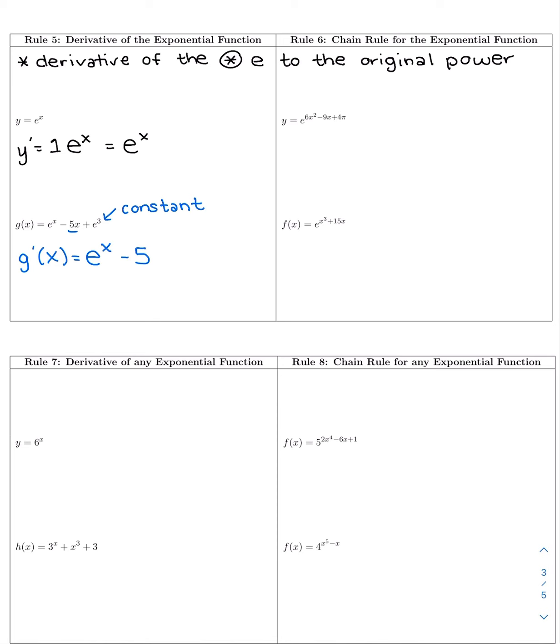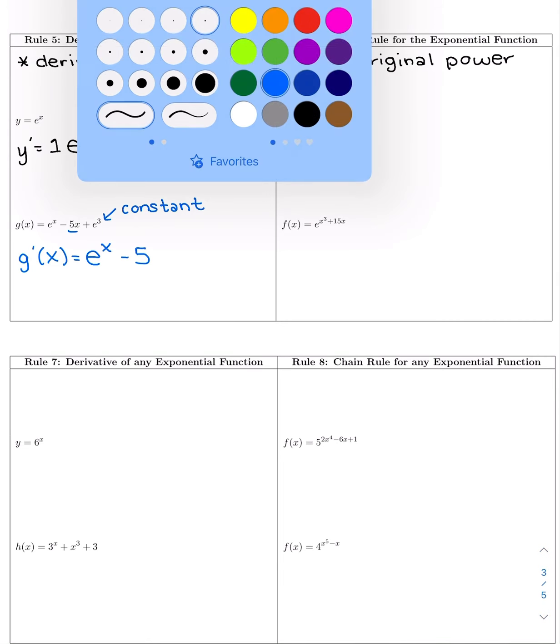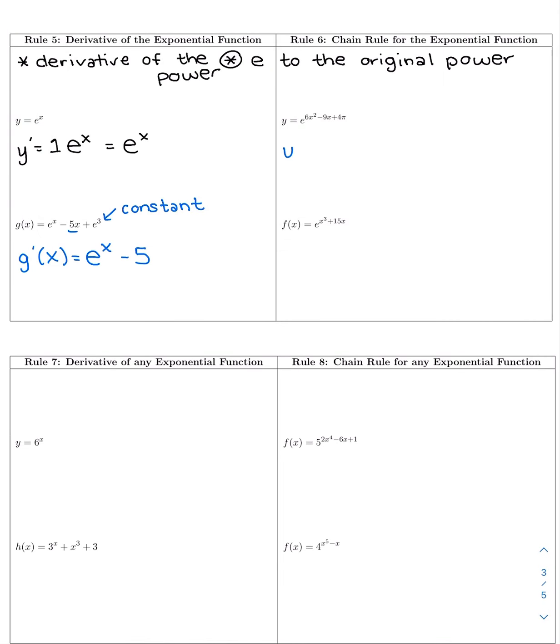Now, next over, we have something more interesting because we do have e to a power that's more than just the 1x. So we're definitely going to need to use the derivative of the power times e to the original power. So if we go in here, our derivative of the power, derivative of 6x squared, 6 times 2 is going to give us 12x.